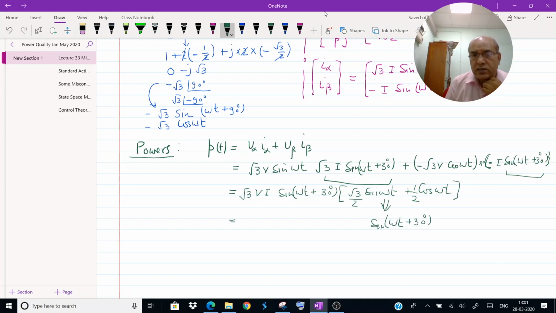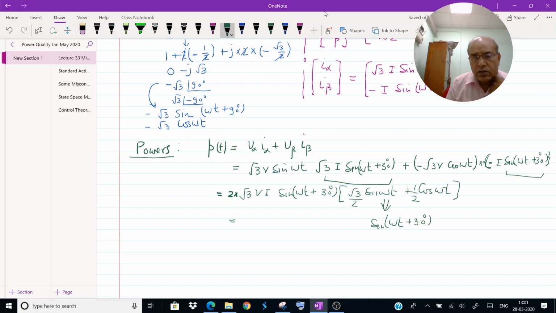And since we divided by 2, we have to multiply by 2 as well. Therefore here you will get this term equal to 2 into this.